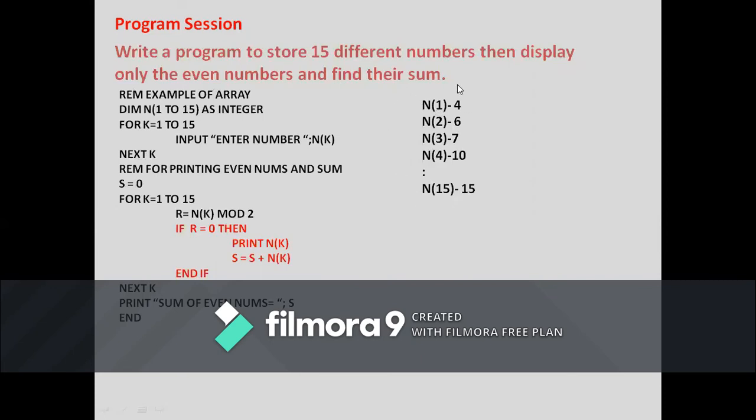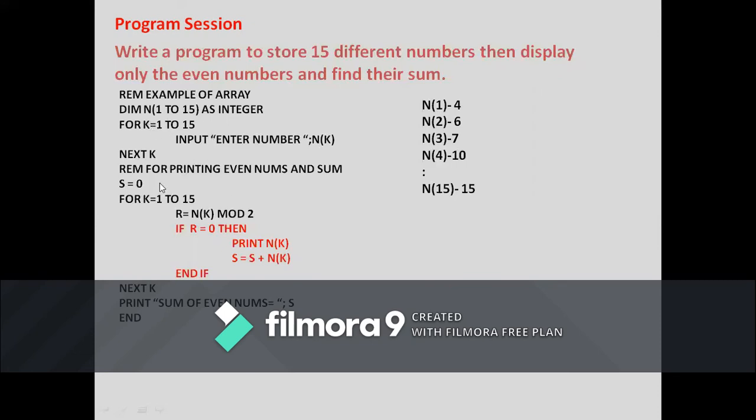So the first value goes to n1, the last value goes to n15. In the previous program, we had written starting value 0. If you supply data in that way, then the first value goes to n0. But here the starting value is 1, so the first value goes to n1. So the loop also you have to start in that way.